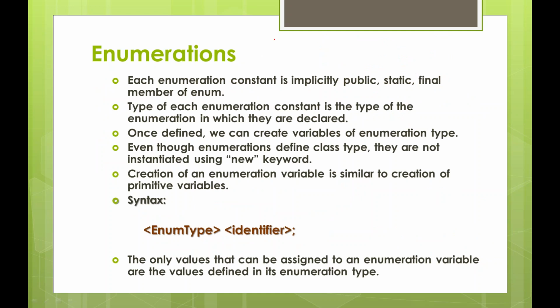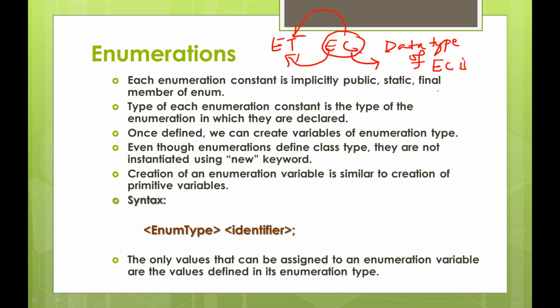There are two different things here: the enumeration type and the enumeration constants. Enumeration constants are members of the enumeration type. The data type of an enumeration constant is the enumeration type itself. We will see why the data type of enumeration constants is the enumeration type itself.